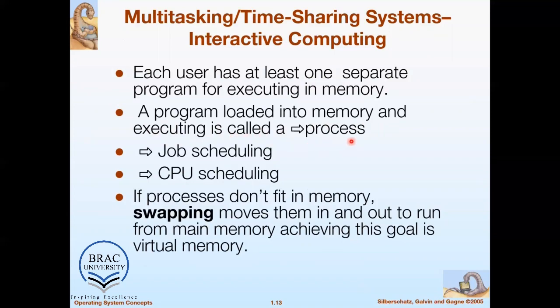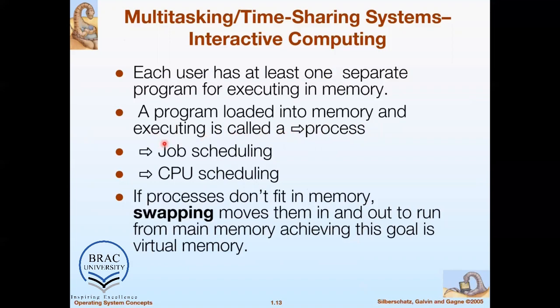So remember this point: what is a process? A process is actually a program in execution. Whenever a program is loaded into the main memory for execution by the CPU, then we can call that program a process. We will discuss process in another chapter.